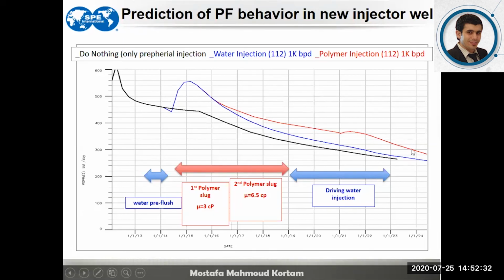All that oil has been recovered just by converting the well into an injector, and both of them offer greater recovery than the normal peripheral water injection.